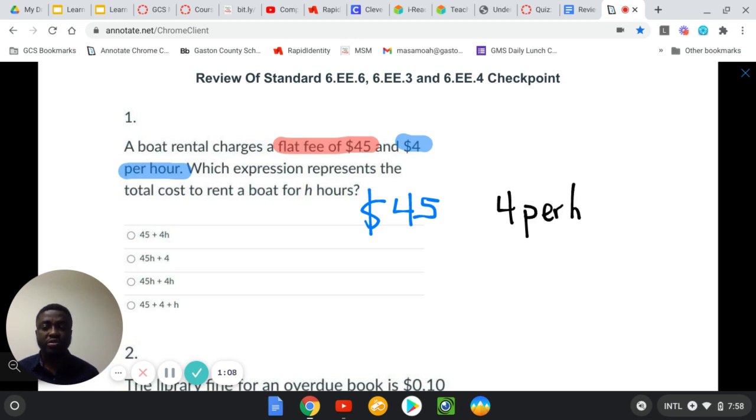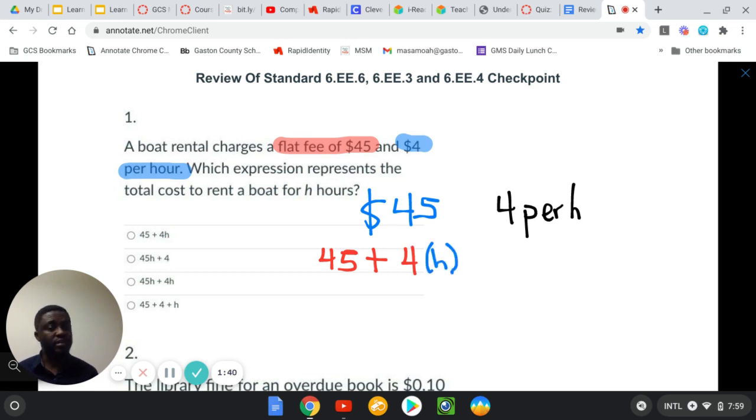Now, which expression represents the total cost to rent a boat for each hour? It means you want the total cost, so you have to pay the flat rate, or the flat amount of money, a constant, plus $4 per hour. So the expression will be $45 plus $4 times 1 hour.